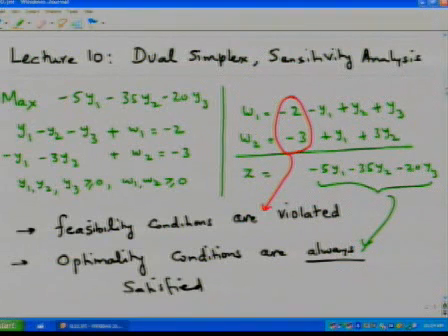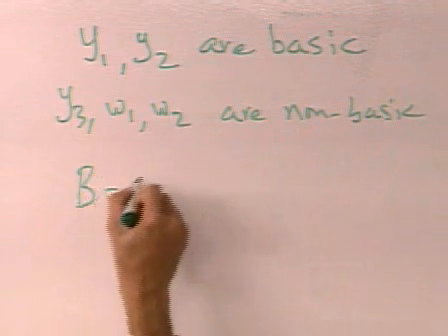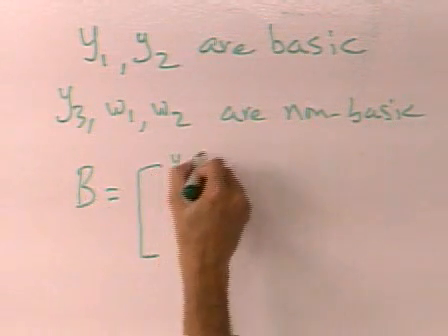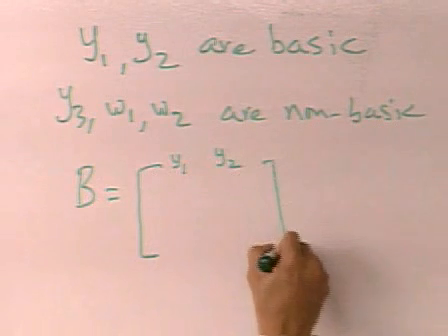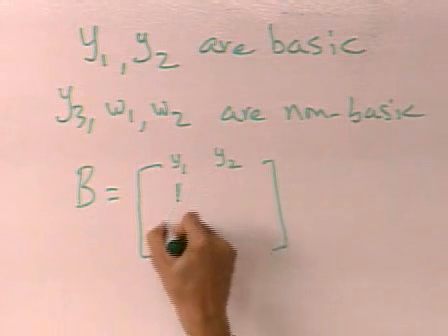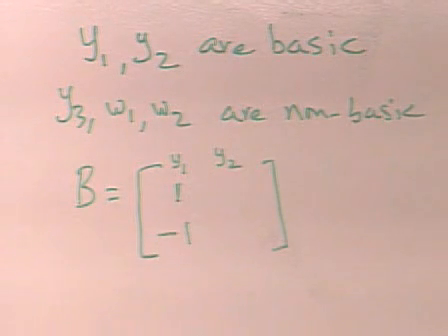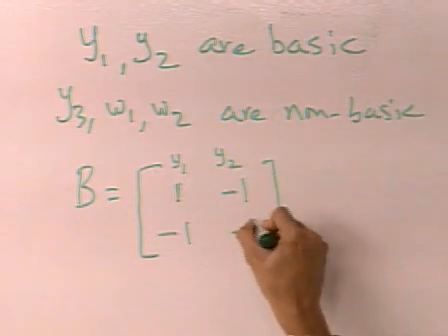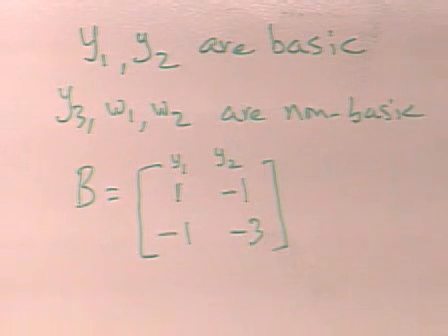So your B matrix is going to be the Y1 column and the Y2 column, right? The Y1 column is 1, -1, okay? And the Y2 column is -1, -3.